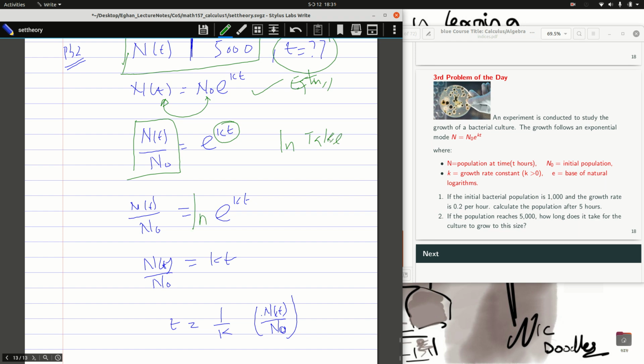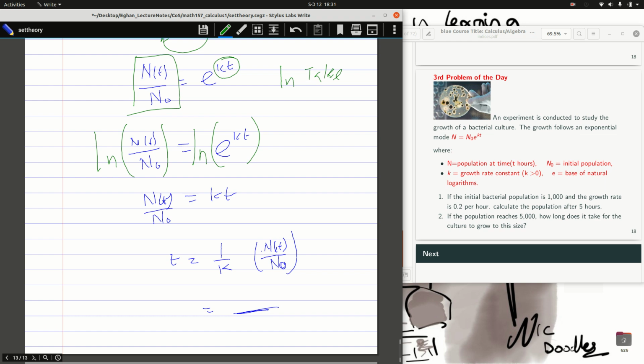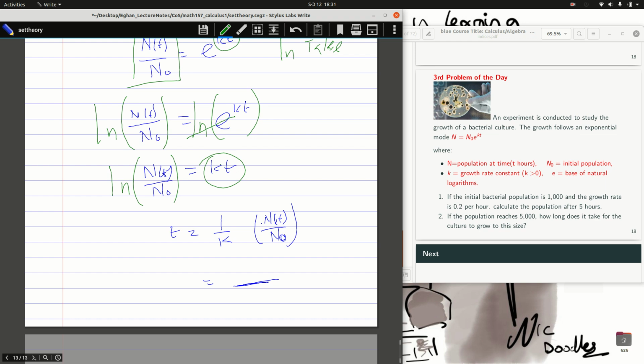So I have the natural log of this and then the natural log of that. Because they have inverse relation, this cancels out and then I get just this guy, but still my ln will be on here. And then I can simply find t by change of subject. t is 1 over k ln of that.